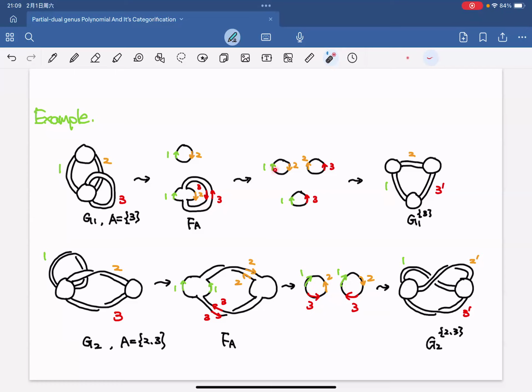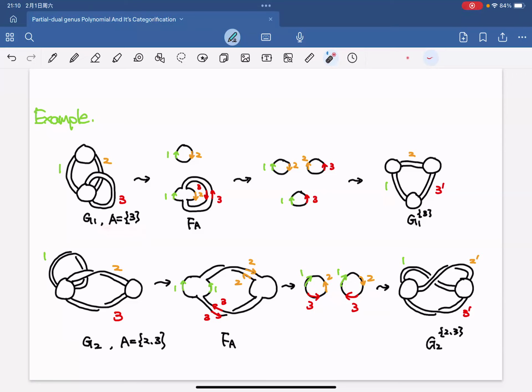And then we just glue here and 1 here and 1 here. So we will have a new ribbon graph, which is just the partial dual graph of the G1 with respect to this subset.